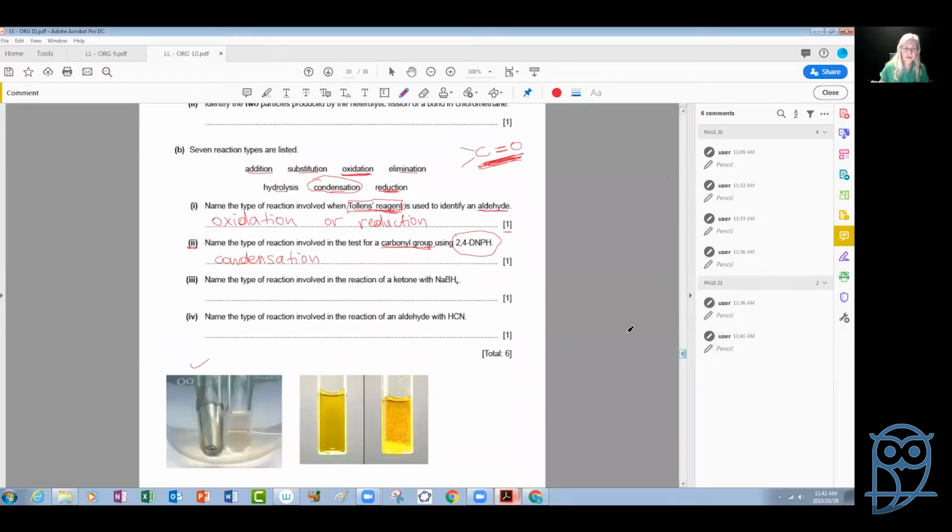Okay, then what is the next question? Question number 3. Name the type of reaction involved in the reaction of a ketone with sodium tetrahydroborate. When a ketone reacts with this compound, what type of reaction is this going to be?